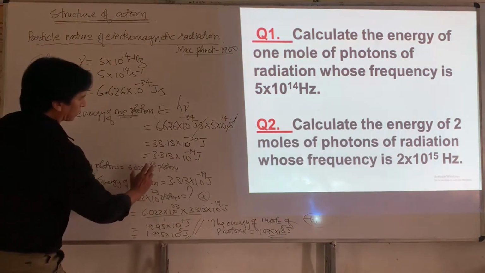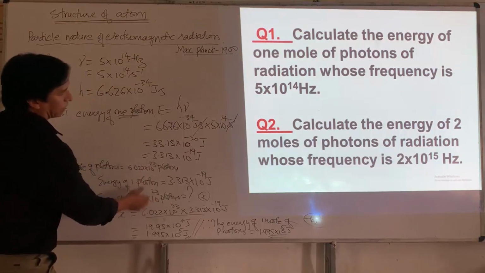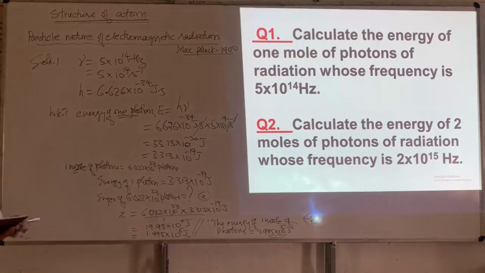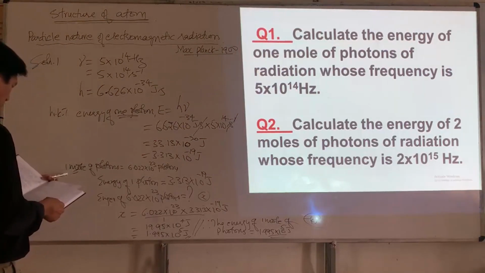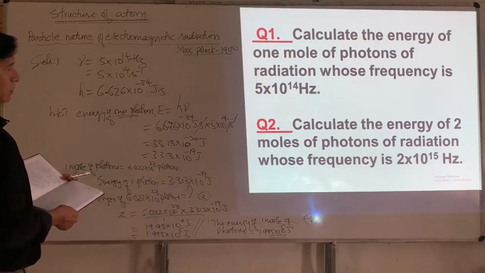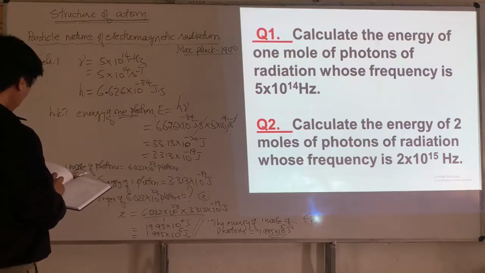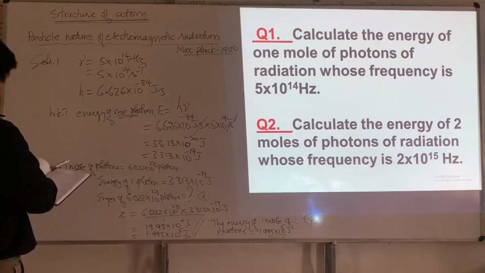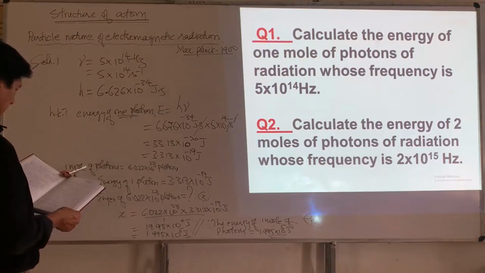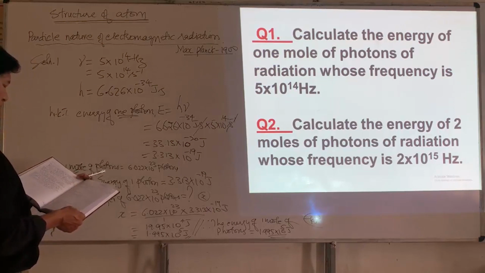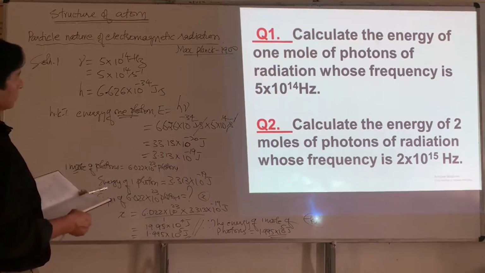You multiply this number by 2, you write it here, and then you get the answer. I haven't written the final answer here, so you work it out yourself, right? It's simple. You can get it done yourself.